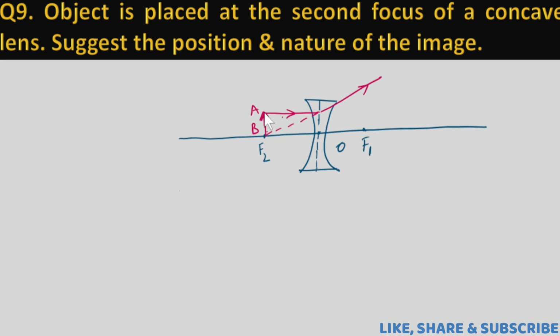Another ray that passes through the focus, it travels undeviated. Now what you do, you extend second refracted ray in backward direction. Is that right? And these two refracted rays, they appear to meet at this point. So A dash, B dash is the position of the image. You know, this image is formed exactly at the midpoint of O and F2.